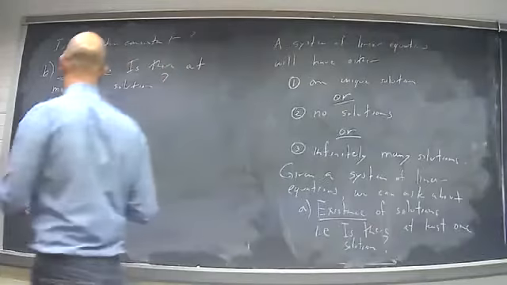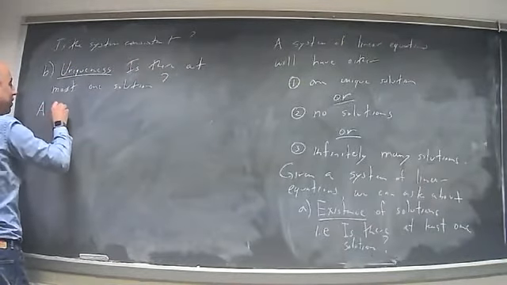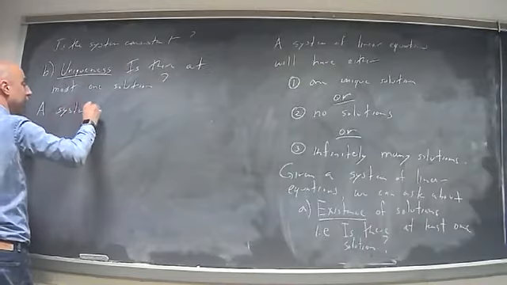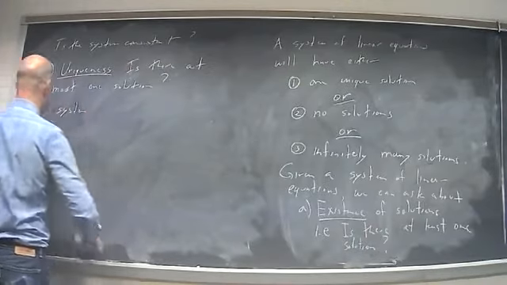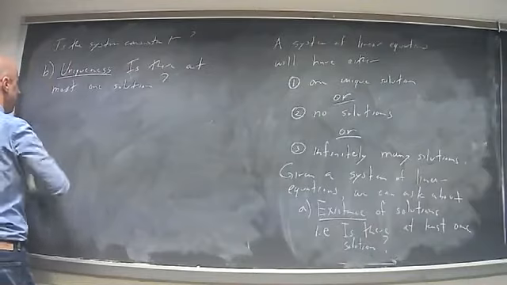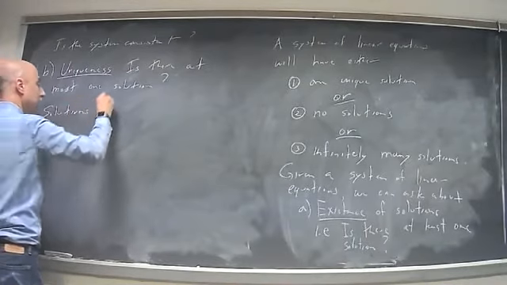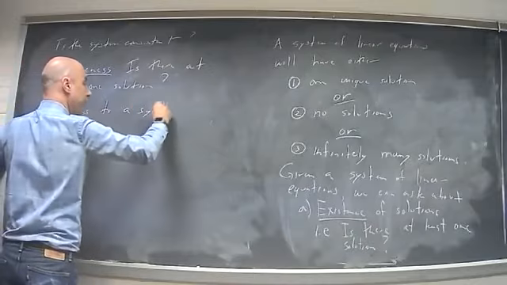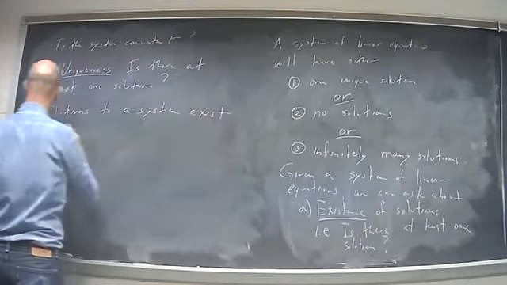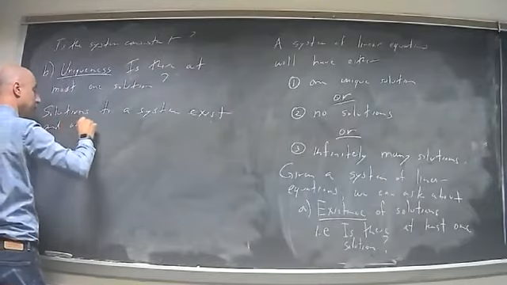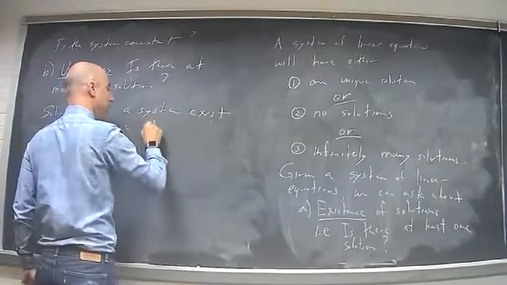So we say the solutions to a system exist and are unique if there is exactly one solution.